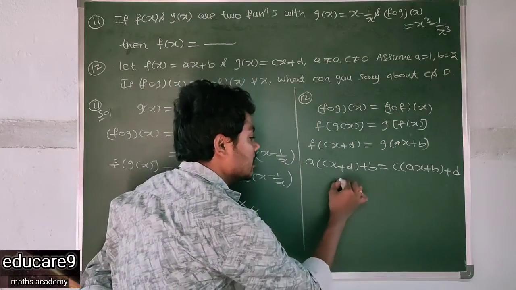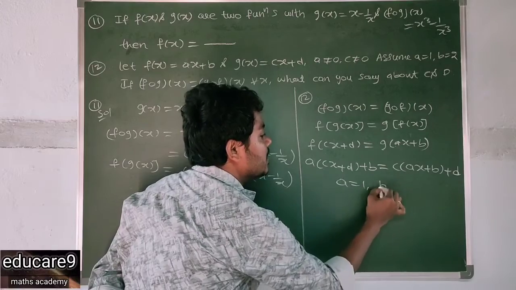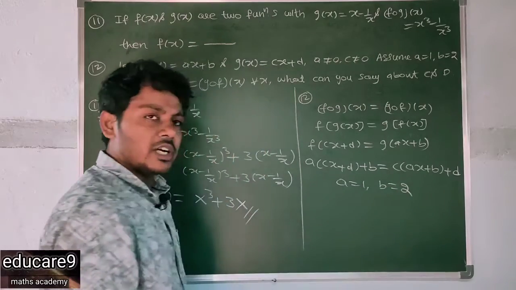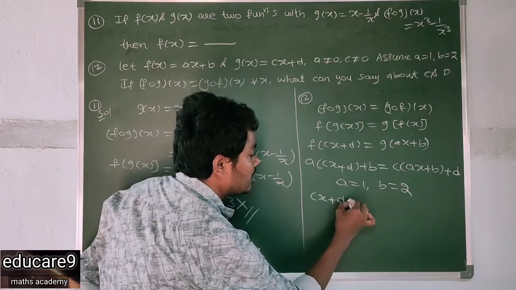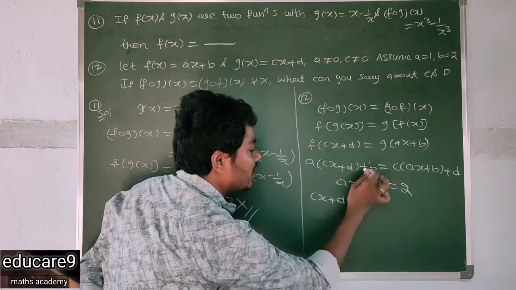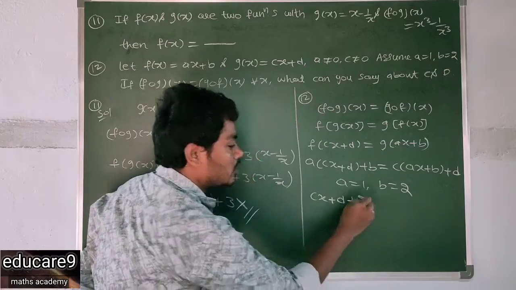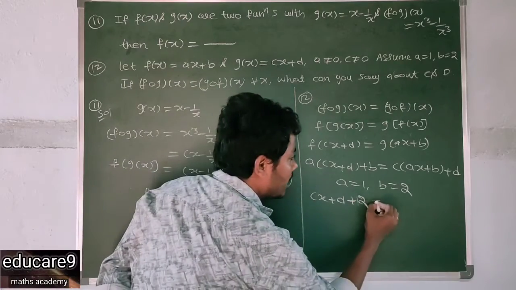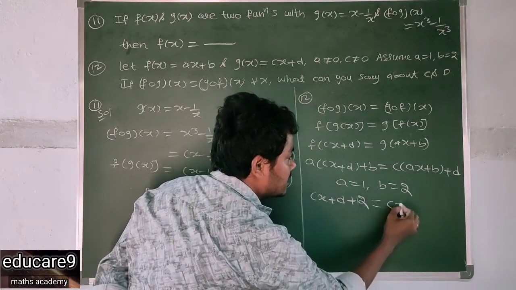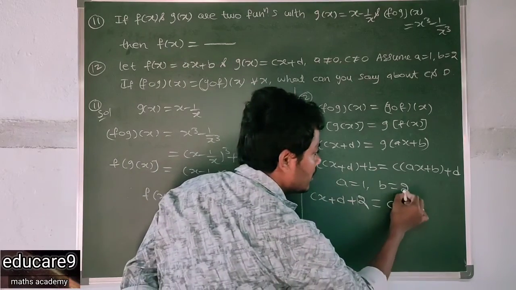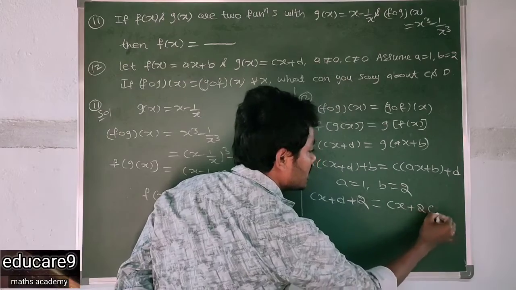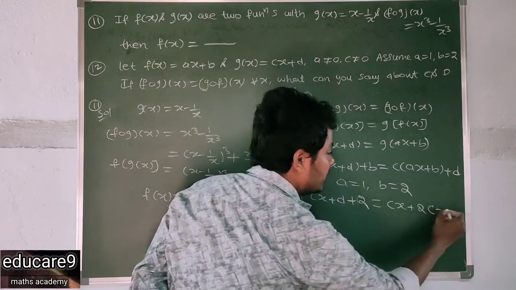Substitute here, a is equal to 1, b is equal to 2. So what do you get? cx plus d plus b. b value is how much? 2. And cx plus bc, that is 2c, plus d.